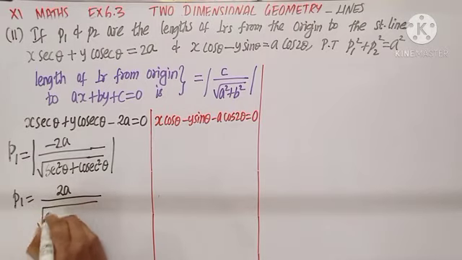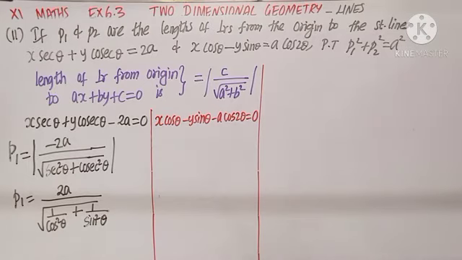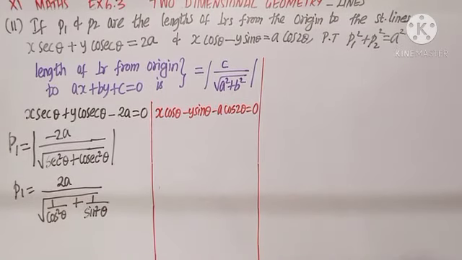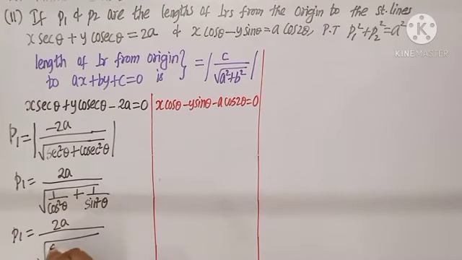Secant square can be written as 1 by cos square theta plus cosecant square can be written as 1 by sin square theta. As I simplify by taking LCM, it is 2A divided by root of cross multiplying sin square theta plus cos square theta divided by cos square theta into sin square theta.